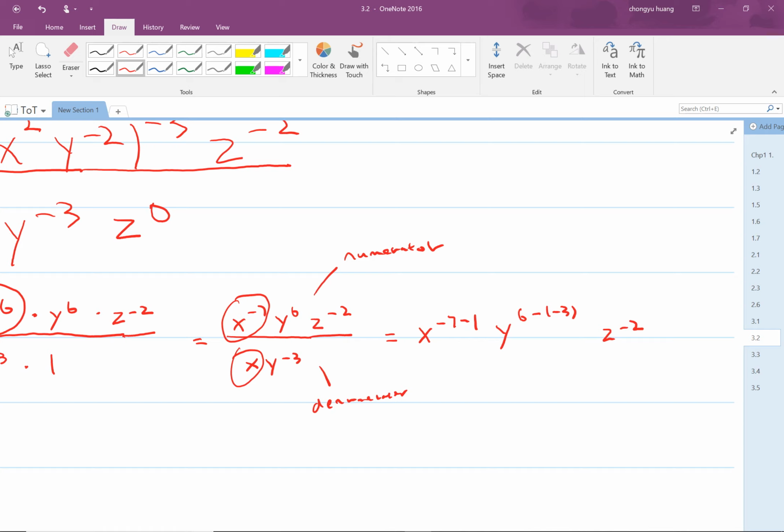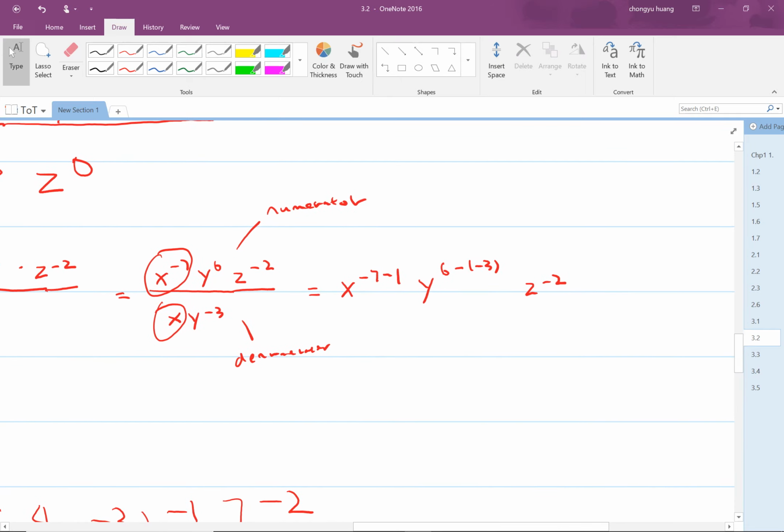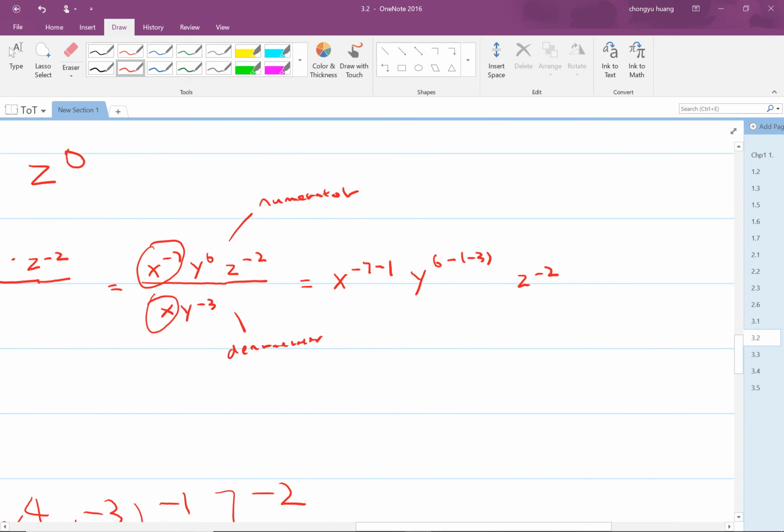Now we just need to cancel a little bit more; we are on our last step. Here x to the power negative 7 minus negative 1 is x to the power negative 8. Then y is 6 minus negative 3, so 6 plus 3 is equal to 9. And z is just negative 2.